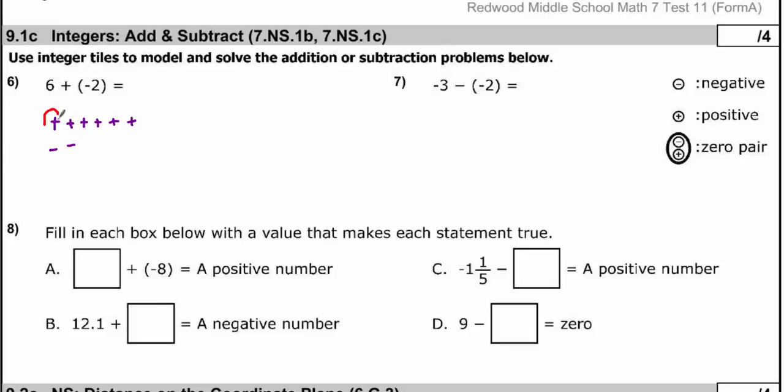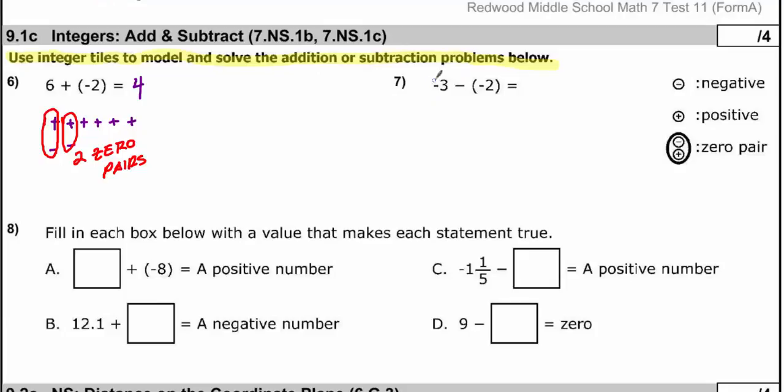That creates two 0 pairs, and we're left with positive 4. If you don't use the tiles to model the problem, you can't get full credit. Simple as that.